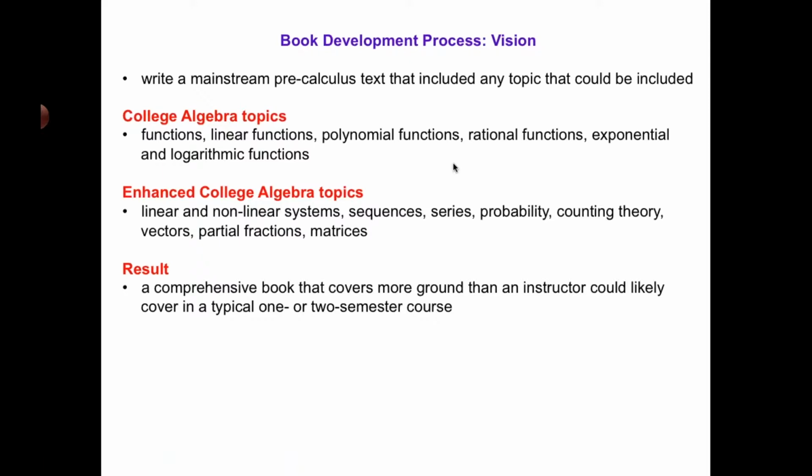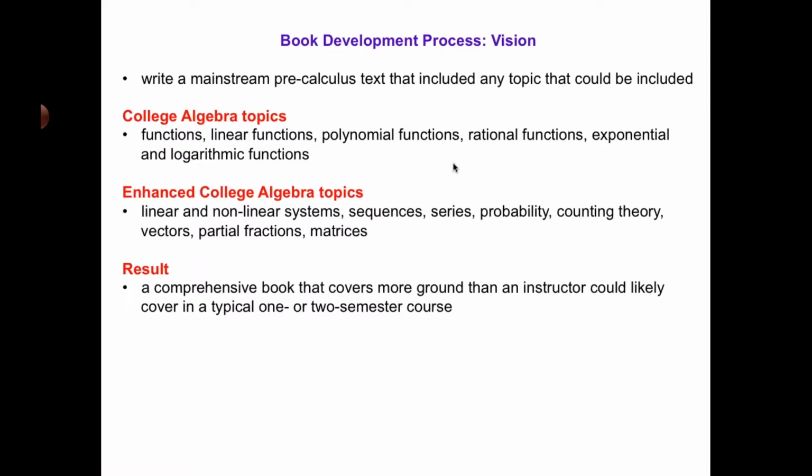Now, as far as the book development process, the vision of it, again, we wanted to write a mainstream pre-calculus text that included any topic that could be included. So from the pre-calculus, we created a second text, college algebra, which is what we're talking about today. And the topics we have are functions. We have a chapter dedicated to linear functions, polynomial functions, rational functions, exponential and logarithm functions.